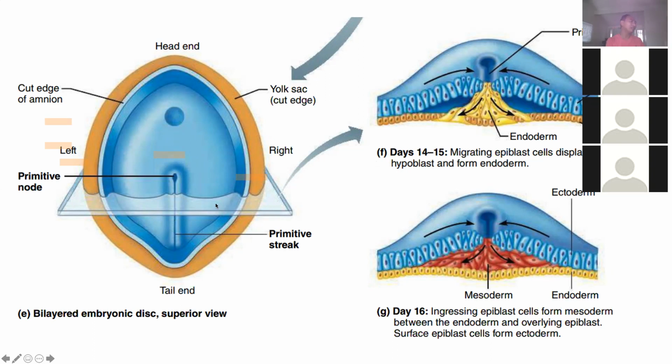As we see here, guys, the primitive streak. Look at that. The primitive streak develops from the blue, which is the epiblast. Yeah, the epiblast is a busy guy. The cells from the epiblast will gradually move from the periphery towards the center.